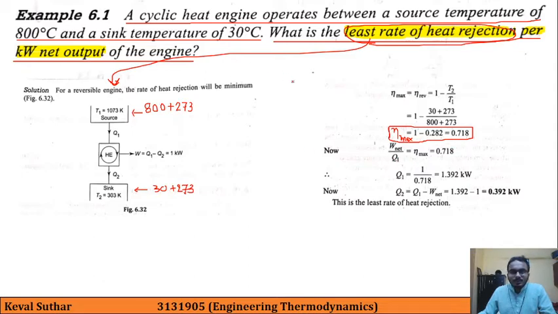And the other formula for eta max is equal to W net upon Q1, that we need to remember. So while applying this we can obtain Q1. How? Because the value of W net is given to us as 1 kilowatt.